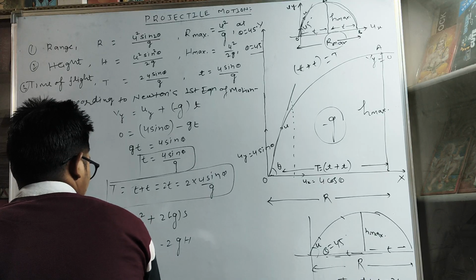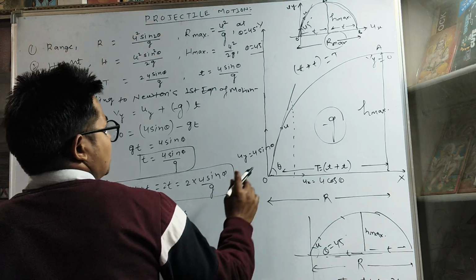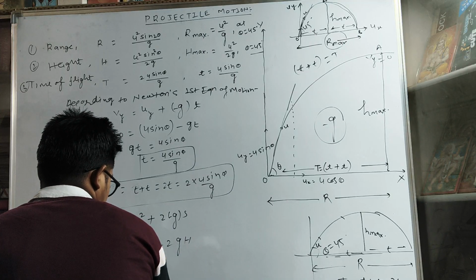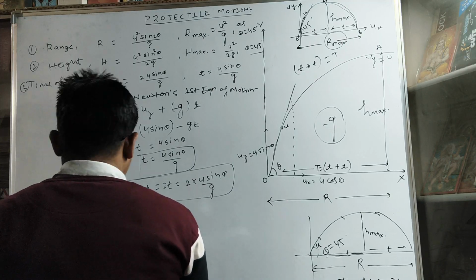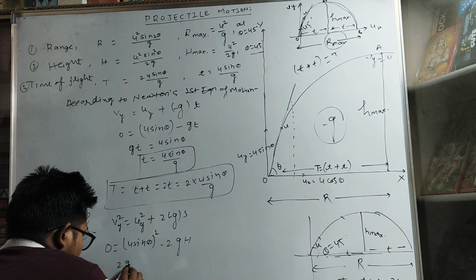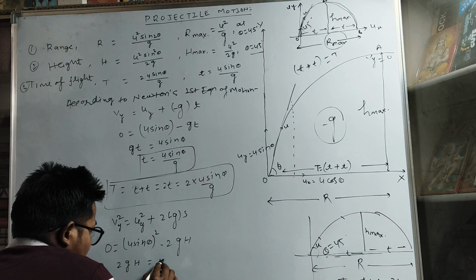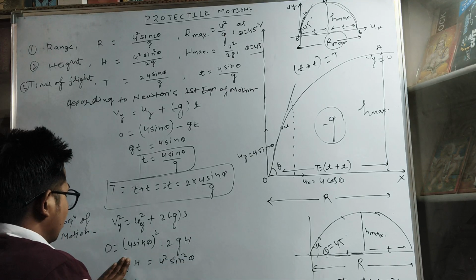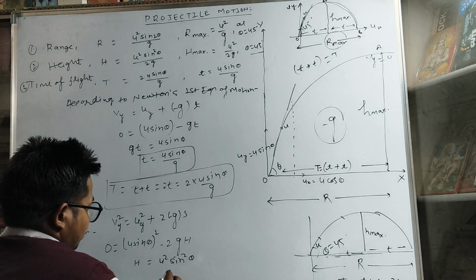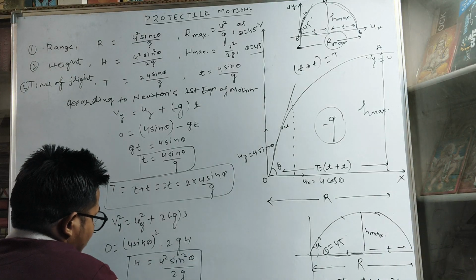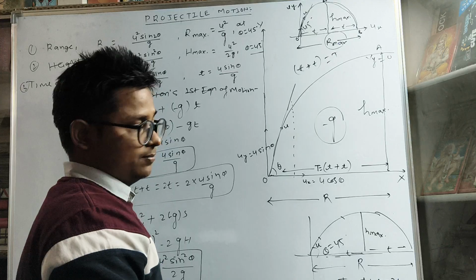So vy is 0 and uy is u sin theta, the whole squared. So we can write 2gh equal to u square sin square theta, and for obtaining h we divide by 2g on both sides. So h equal to u square sin square theta by 2g.